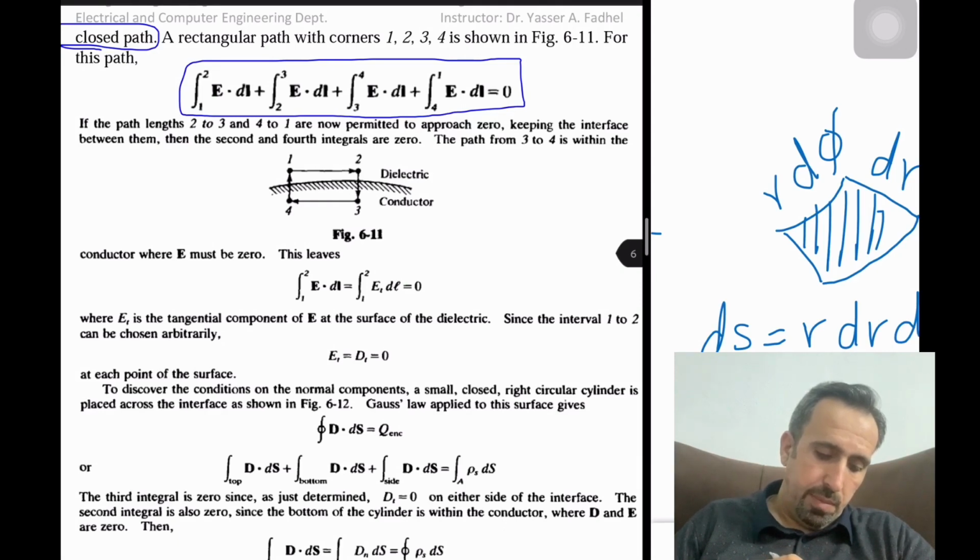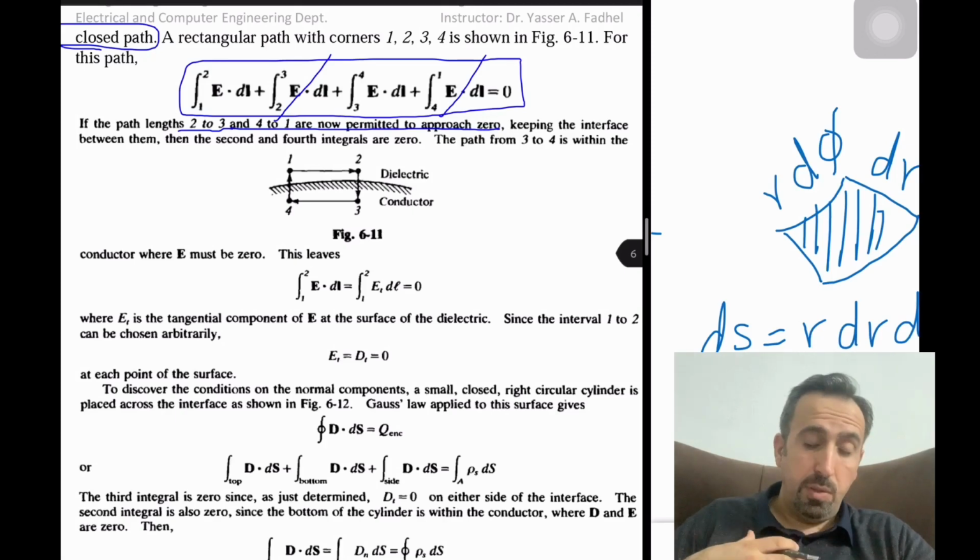The integration terms, the second and the fourth one, as mentioned here: 2 to 3 and 4 to 1 are now permitted to approach 0. How do they approach 0? Because the path length depends on our assumption.